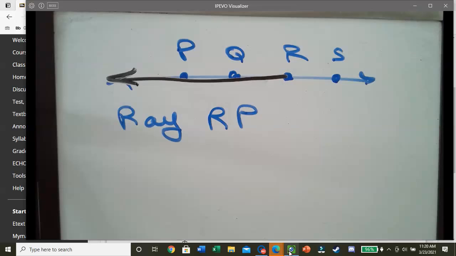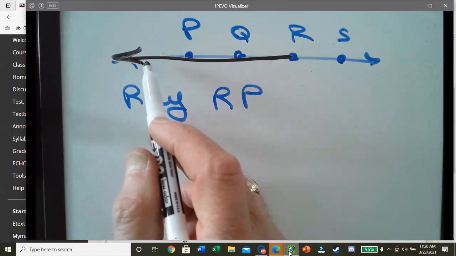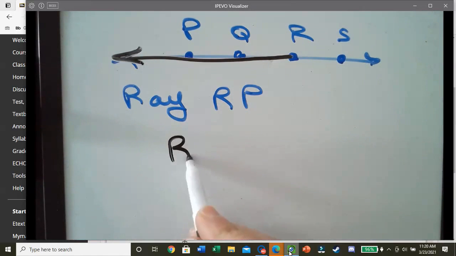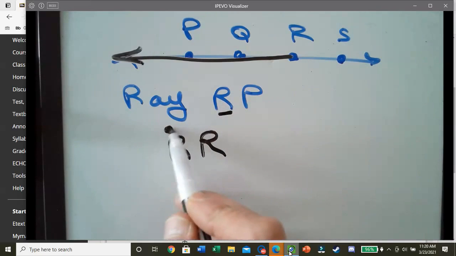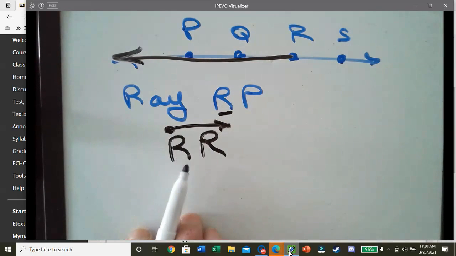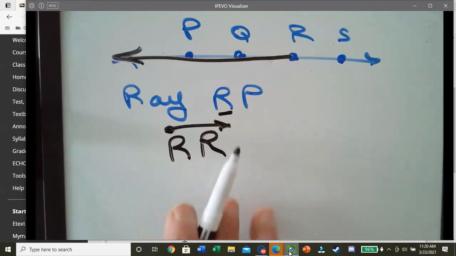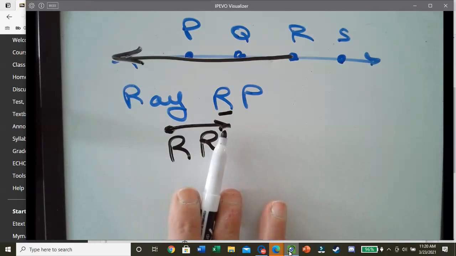So basically, what you do here is, even though it's going to the left, if it starts off with an R, then the endpoint is R. And so it's still RP with a ray symbol.